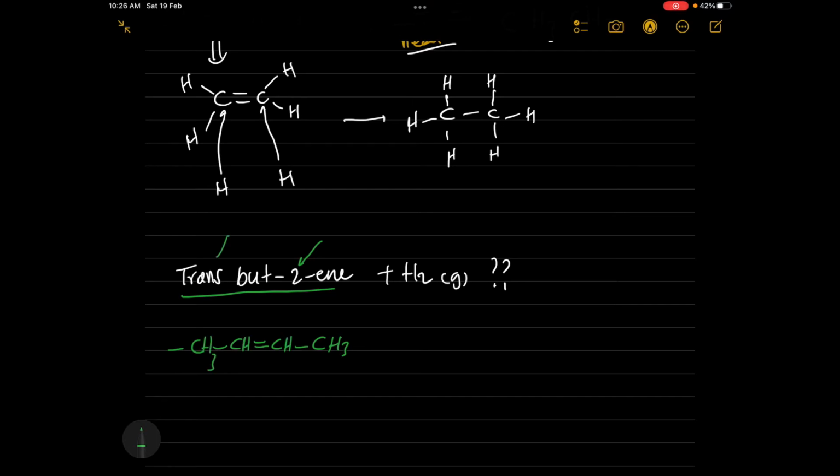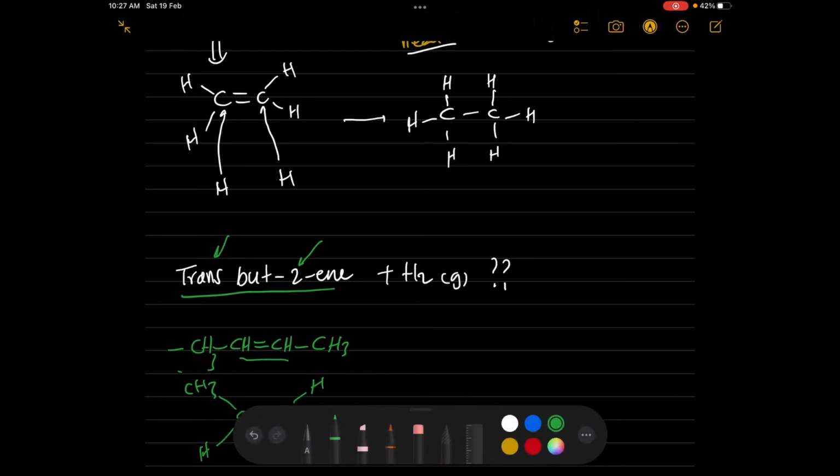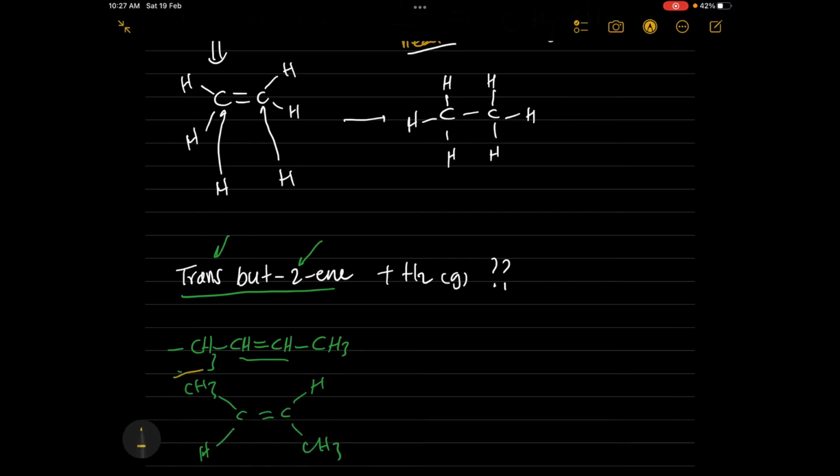How can I translate to be trans? Okay, you have the double bond. When we say trans, it means that you have the two substituents opposite. So you could use like this, CH3, and you have CH3 in here, and you have H. Perfect. So this is the trans. Good. I'm going to add hydrogen gas. You just notice that we will add hydrogen in here and hydrogen in here.